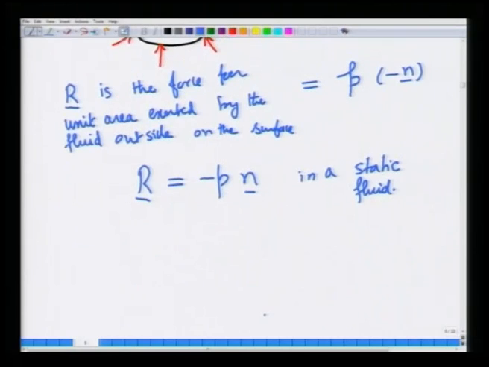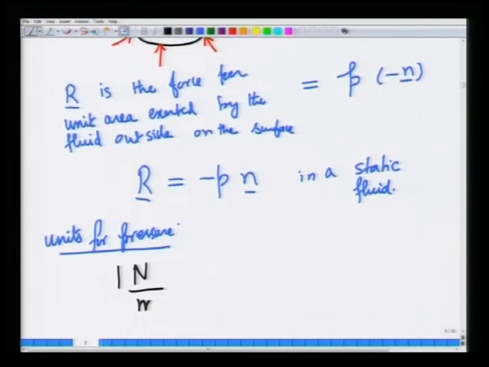Typically the units for pressure in SI units is 1 Newton per meter square. This is also equal to 1 Pascal.